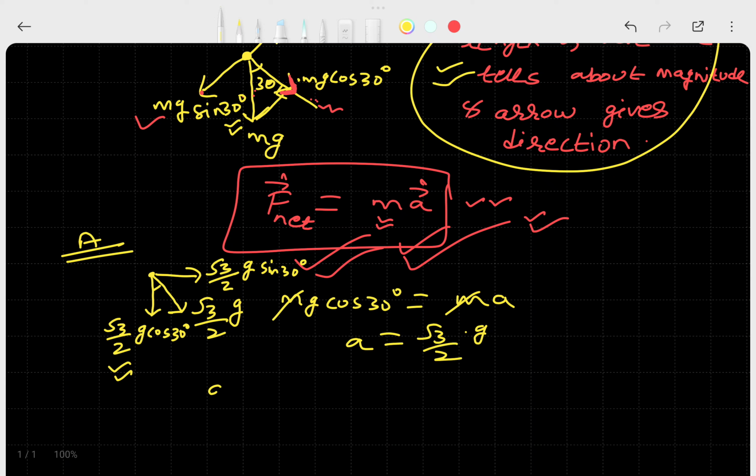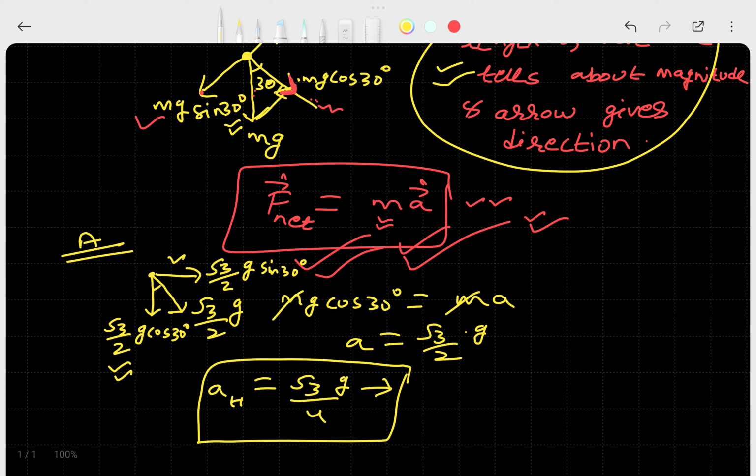So the horizontal component, if I denote by AH, this is for block A. I am removing the vector notation because I am taking only magnitude here. So root 3 sine 30 is half, so 2 into 2, it will be 4 in the denominator. So root 3 g by 4, it is in the horizontal direction, and clearly you can see it is to the right, means in this direction.